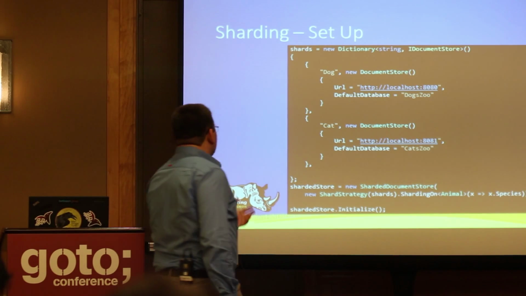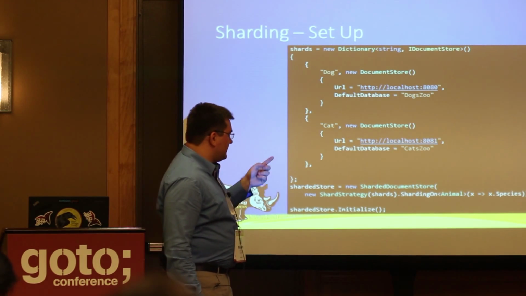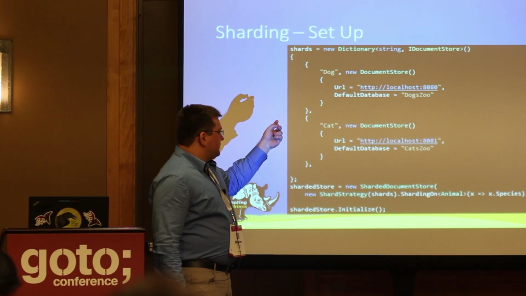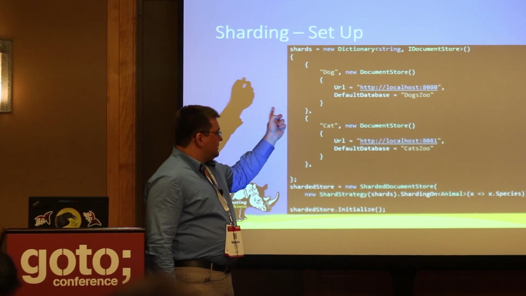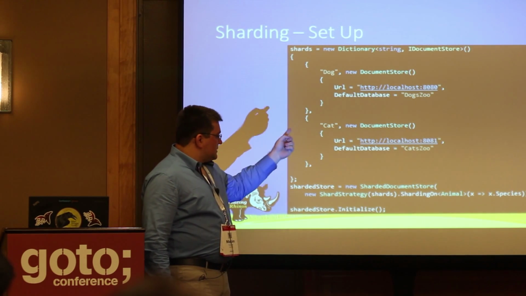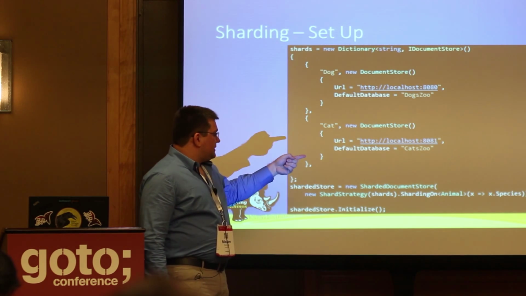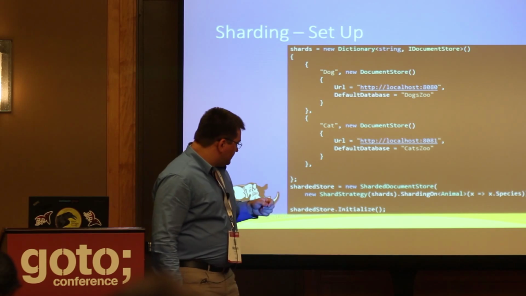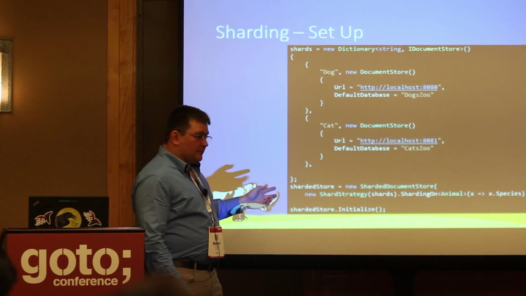We defined a dog shard for the dog value of a species, whose default database is dog zoo, and the URL is the 8080 instance. And we have the cat, whose main URL is the 8081 instance, and the default database is cat zoo. And after that, we define the sharding strategy, and we're good to go.